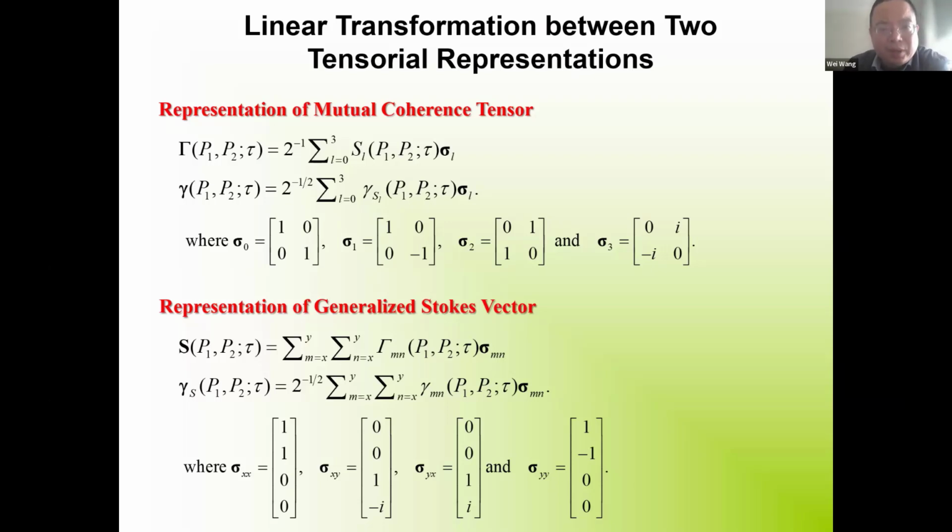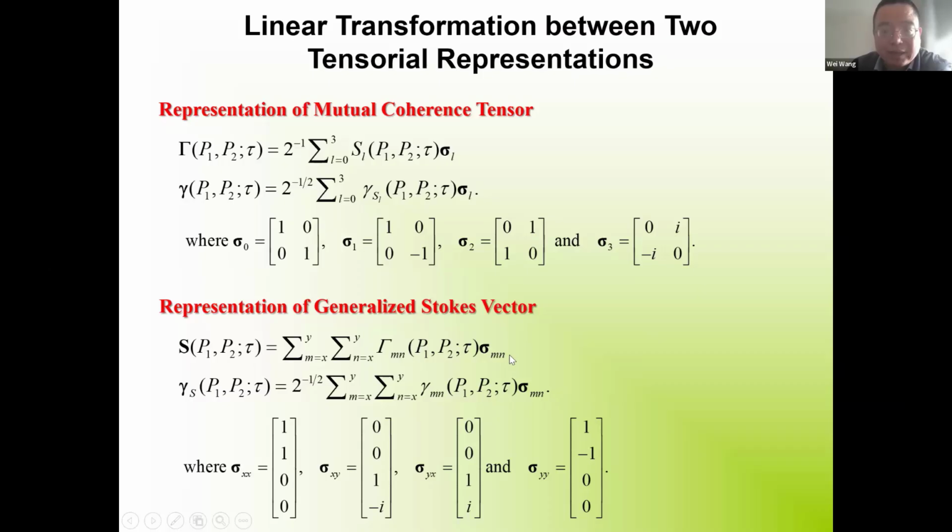Meanwhile, we can also represent the generalized Stokes parameters with the aid of the elements of the mutual coherence matrix. Here is another way: the generalized Stokes vector S can be represented by the elements of the mutual coherence matrix.